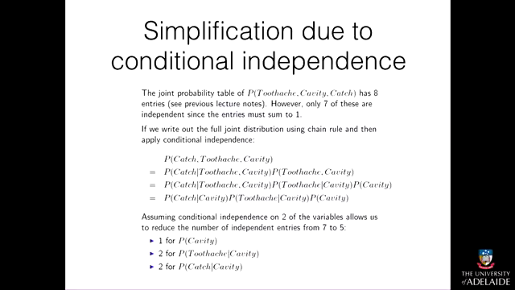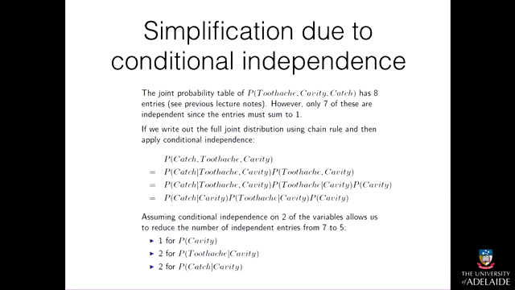And because toothache and catch are conditionally independent given cavity, we know this only depends on cavity. Once we know the cavity, this becomes irrelevant. So we can decompose the joint probability in this way.